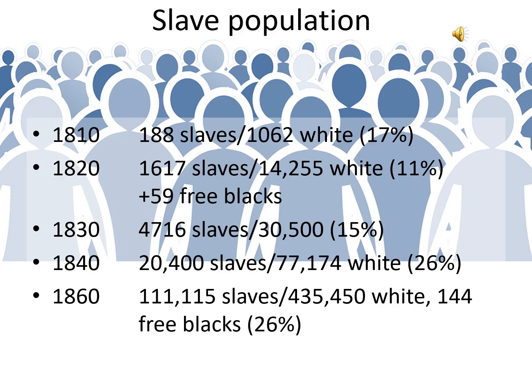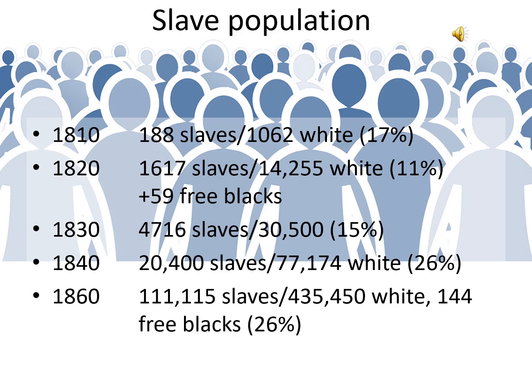And now look how much it grows in 1840: 20,400 slaves to the 77,174 white people in the area. That's 26% of the population being slaves. So it's hovering right around a quarter, so 25%.